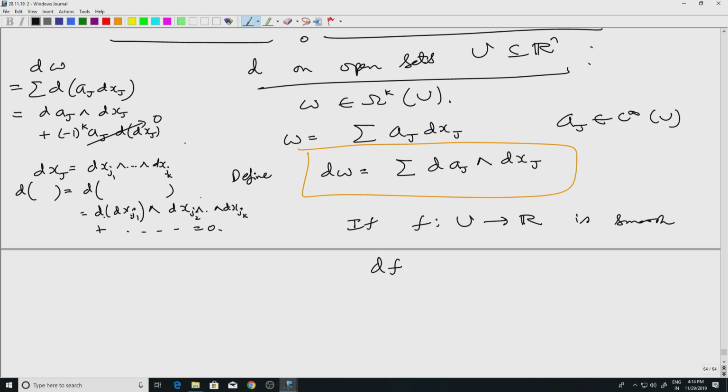But what are its coefficients? Any one form can be expressed in terms of dx1, dx2, dxn. So when we do that, what are the coefficients? I claim that then df is equal to the summation of del f by del xi dxi.